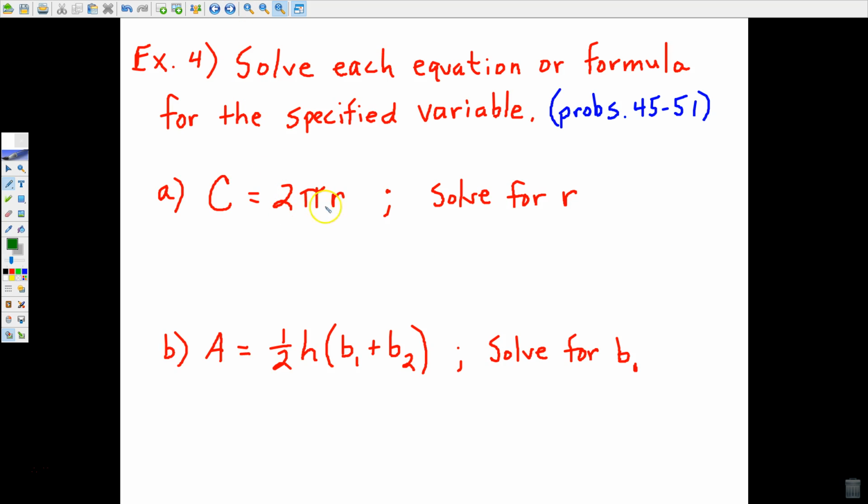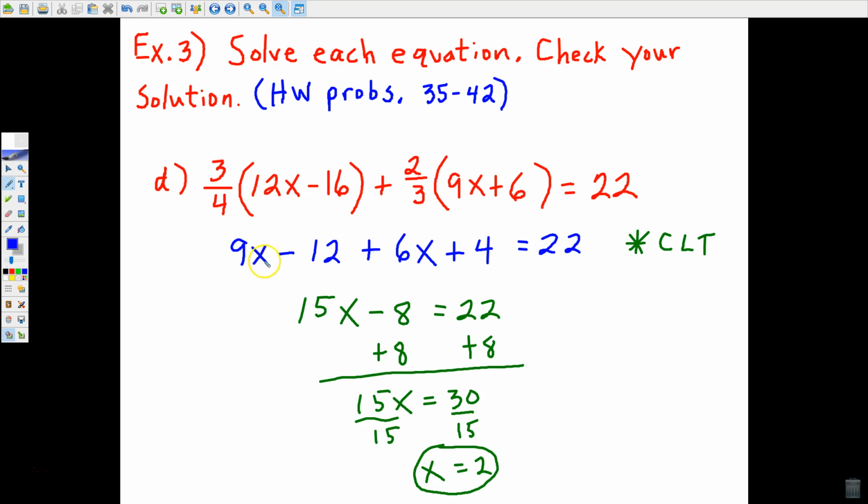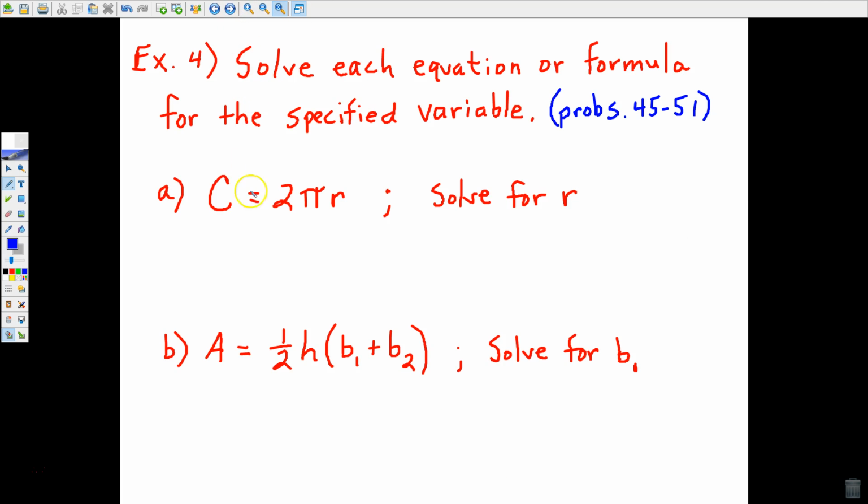All right. Now we're just about done with this. This is an area that typically causes people trouble. We are still solving equations, but unlike our previous examples where we're actually trying to find the solution for a variable, like here I found that x is the number 2, in these problems, I'm basically just taking a given equation and isolating the variable that I'm told to isolate on one side of the equation.